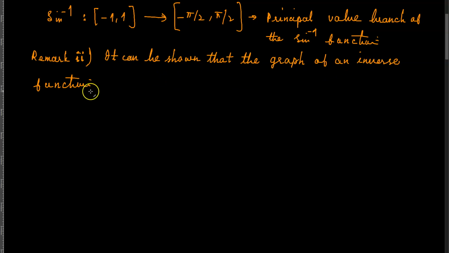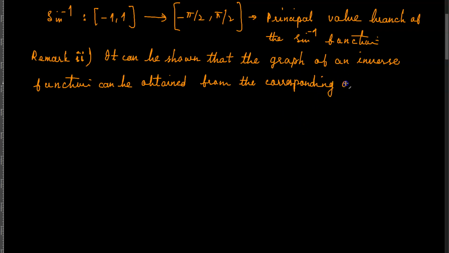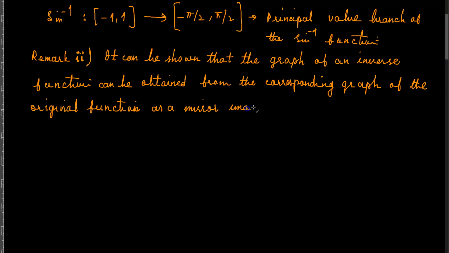It can be shown that the graph of an inverse function can be obtained from the corresponding graph of the original function as a mirror image, or reflection, that is reflection along the line y is equal to x.